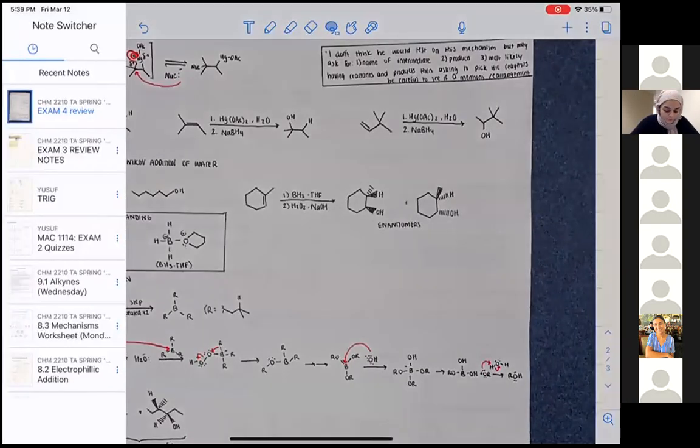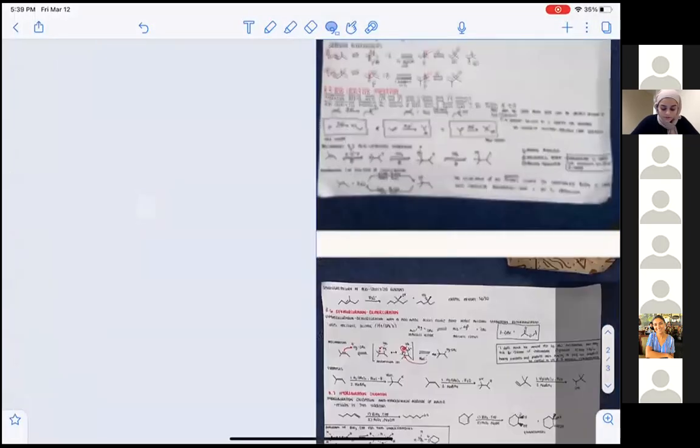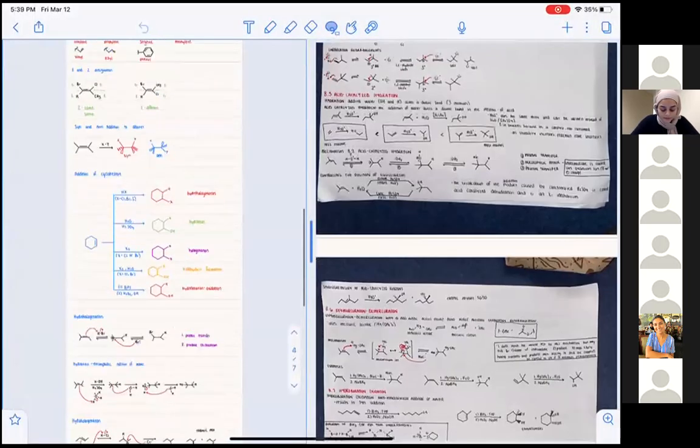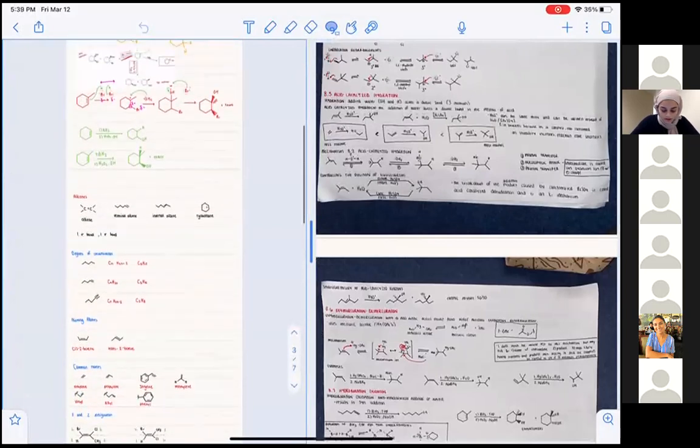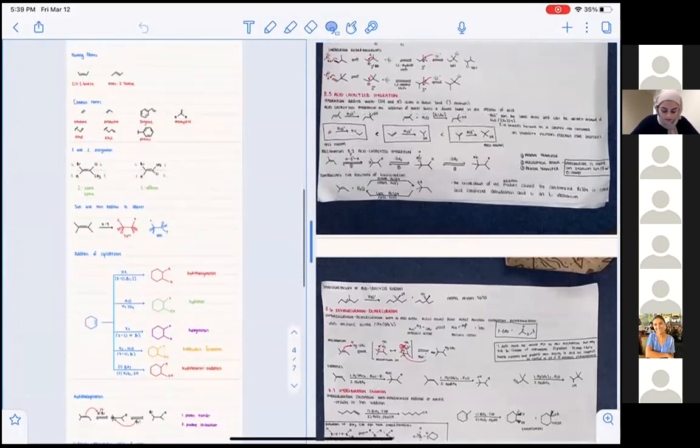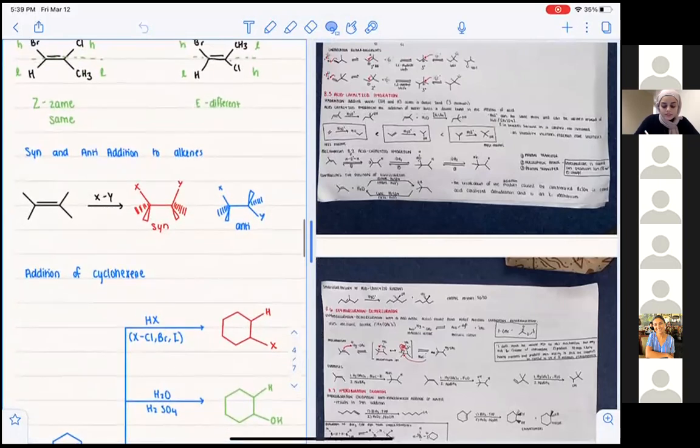Let me see if I have it open. Yep, so this is what syn looks like, and then this is what anti looks like. In case you guys wanted to write that down.